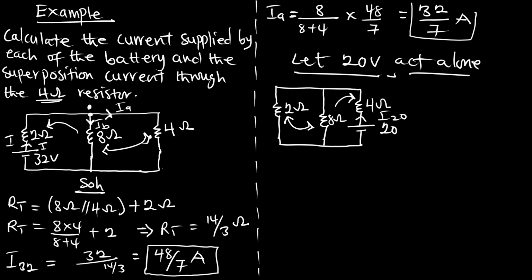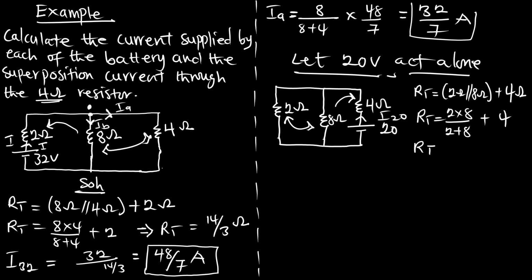So we can say that our RT is going to be 2 ohm parallel to the 8 ohm and in series with the 4 ohm. So meaning this is very simple. We are going to get 2 by 8 on 2 plus 8 in series with the 4, and our total resistance is going to be 28 on 5 ohms.